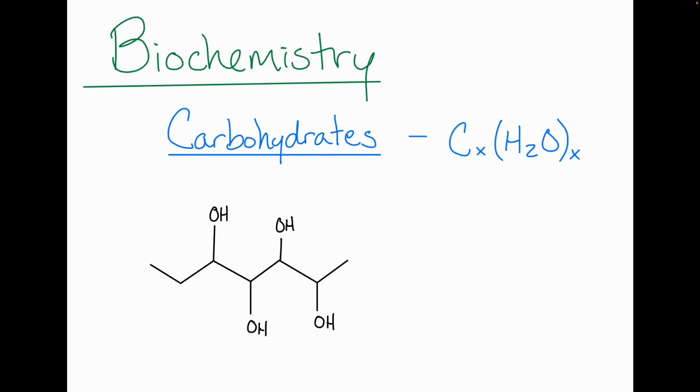Right, so each carbon has an OH group. And then one on the end, actually it doesn't have to be in the end, it can be on the second carbon as well, but whatever, is a carbonyl group.